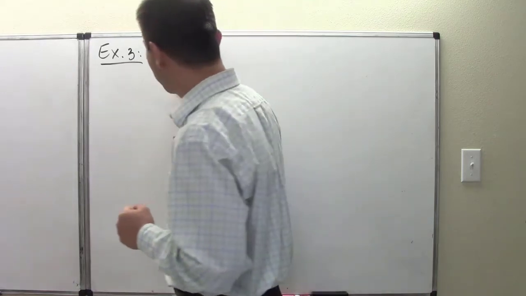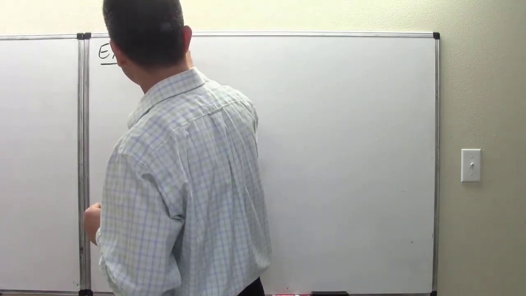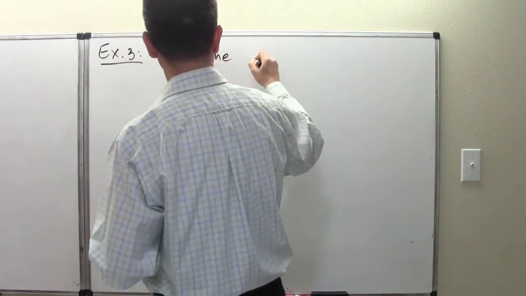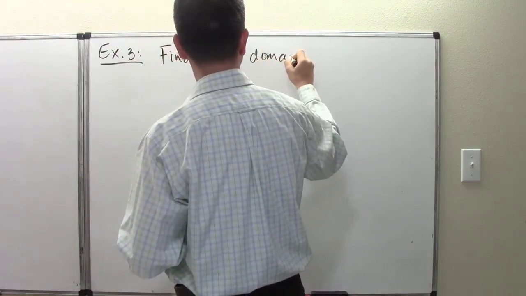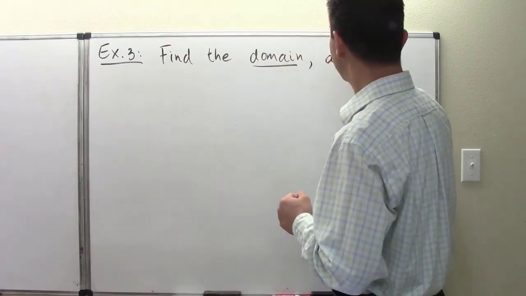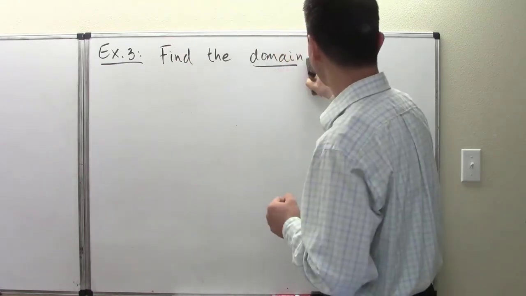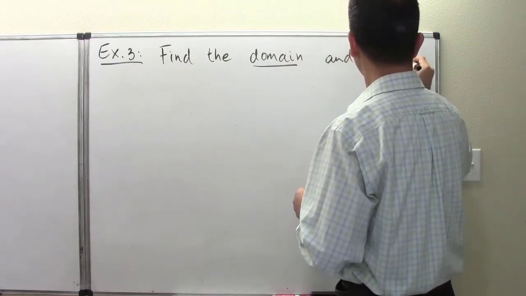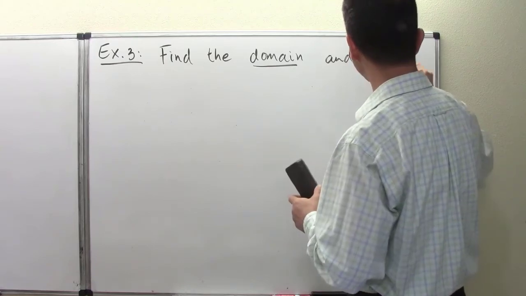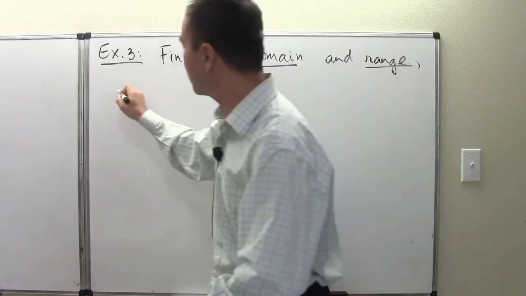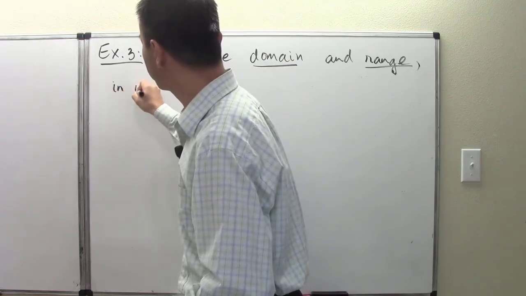Okay, so here I would say find the domain and range. We're finding two things in each of our graphs, and of course express these in interval notation.